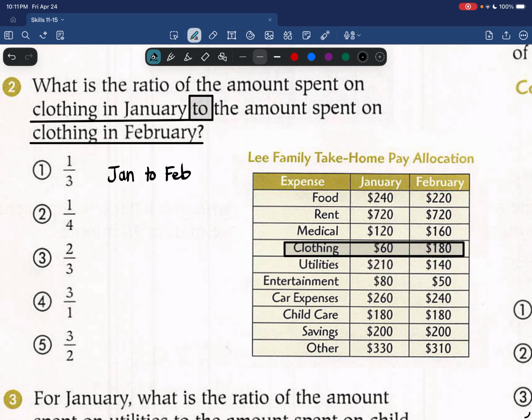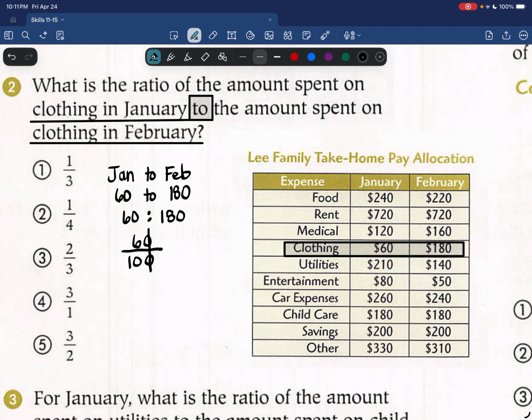January's clothing amount was $60. February was $180. It could have been written this way, but these answers are in fraction form. So let's write our number as a fraction.